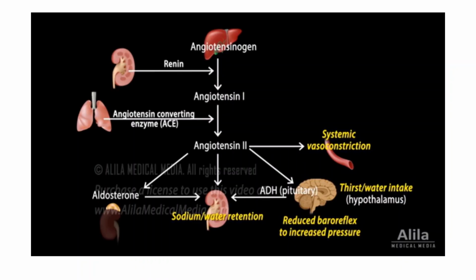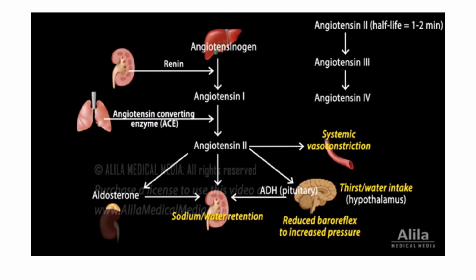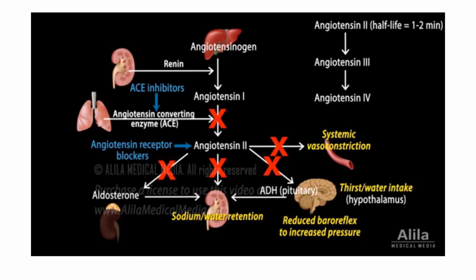All these actions lead to an increase in blood volume and blood pressure. Angiotensin 2 is short-lived with a half-life of 1 to 2 minutes. It is degraded into angiotensin 3 and 4, which have lesser effects. Overactive or inappropriately activated RAS is a cause for hypertension. RAS is a frequent target of antihypertensive drugs. ACE inhibitors and angiotensin receptor blockers are common treatment for hypertension.